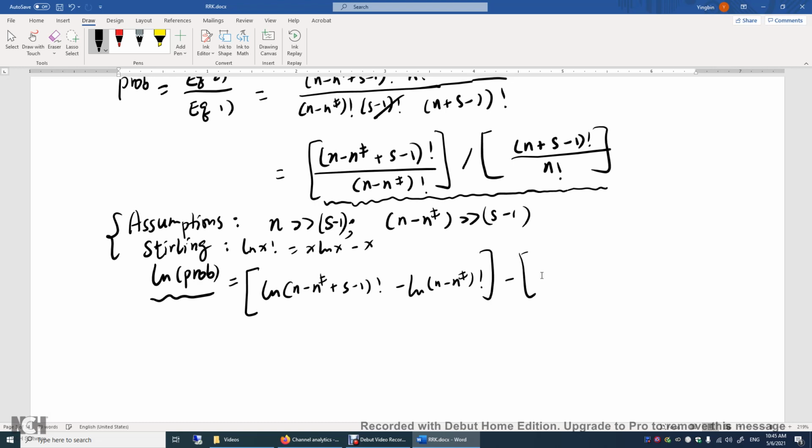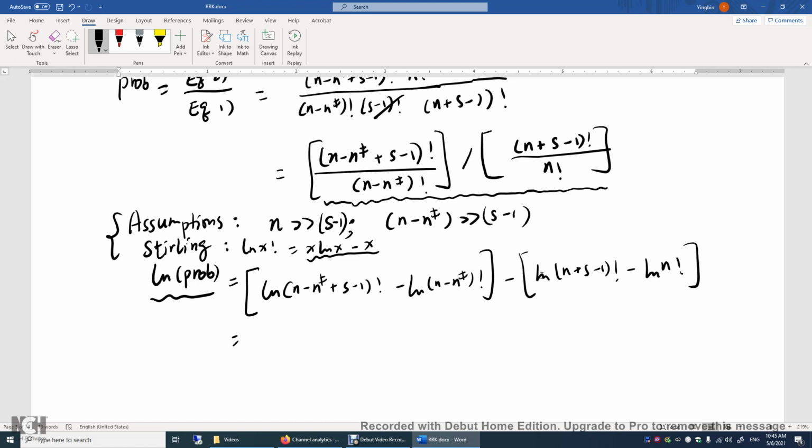And then minus over here n plus s minus 1 factorial, subtract n factorial. All right? And each logarithm of a factorial can be decomposed into 2 terms. All right, so we're going to have 8 terms.